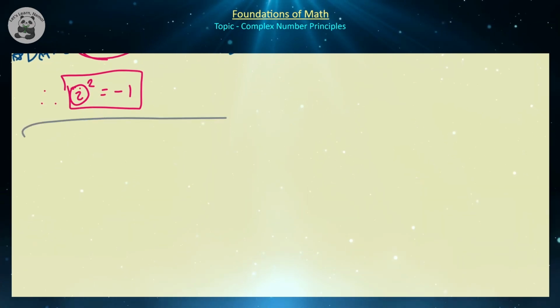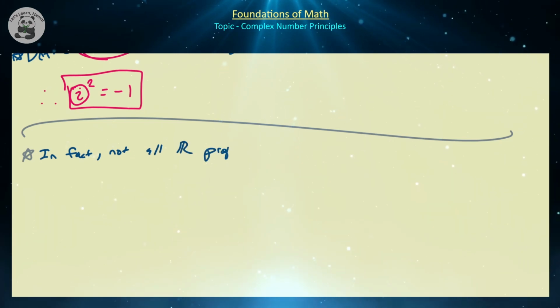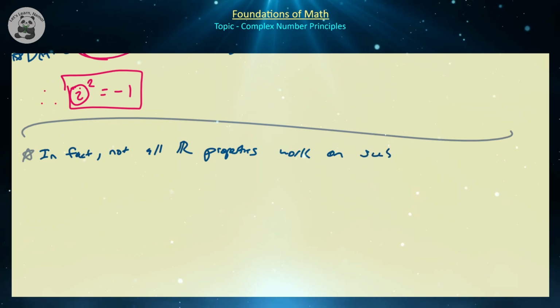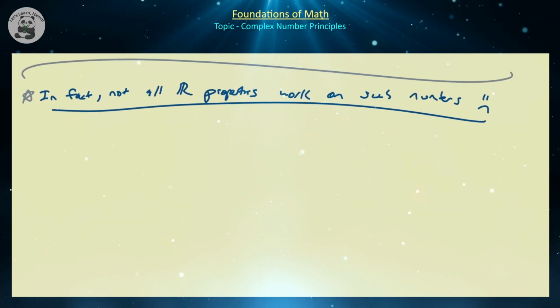But when we start defining new numbers and new constructs on those numbers, you have to be careful not to try and extend those properties that we have on the set of real numbers onto the set of new numbers. In fact, not all real number properties work on such numbers, right? Which should pose a concern, right?